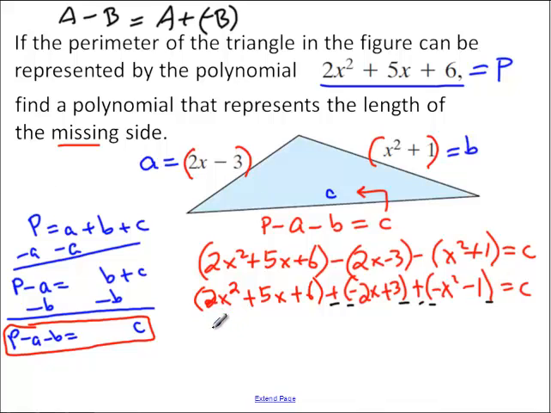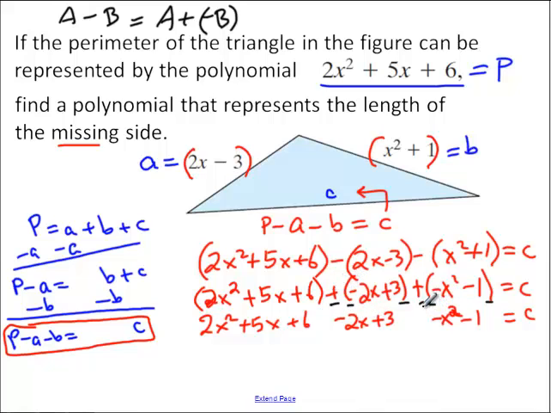And now we just say 2x squared plus 5x plus 6 minus 2x plus 3 minus x squared minus 1 equals C. And now we've got C described by all these terms, which are just three polynomials written in terms of their terms, because we're not subtracting anymore, we're adding. Adding parentheses means the parentheses go away.